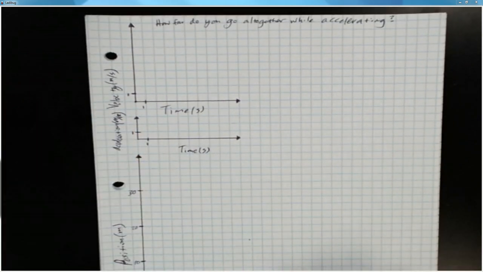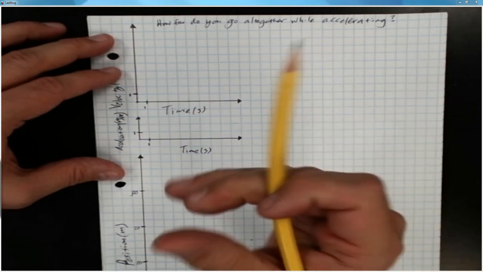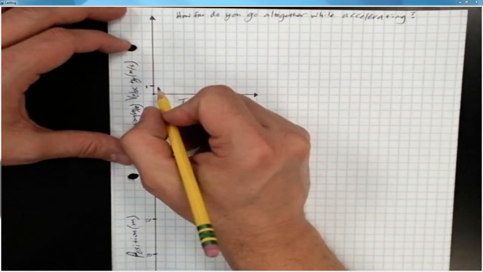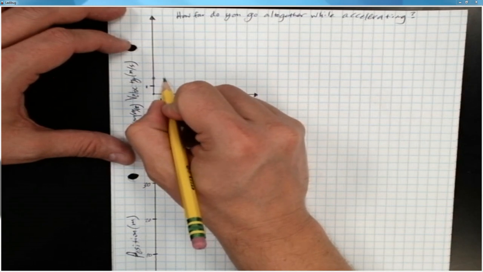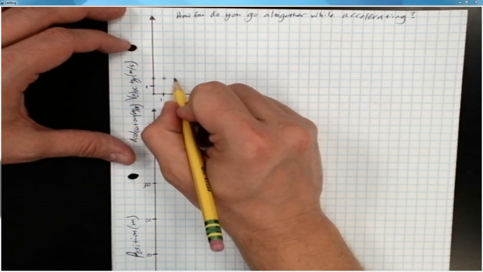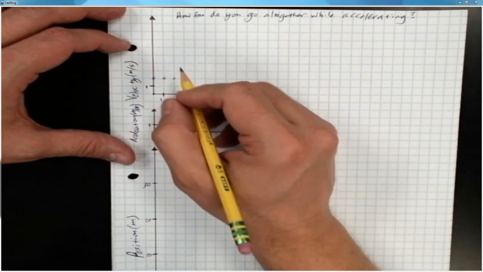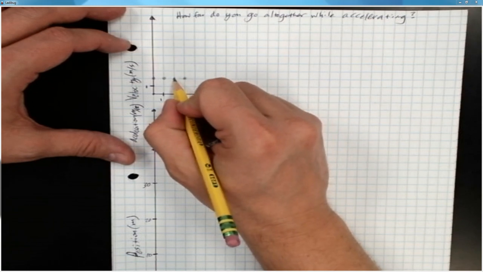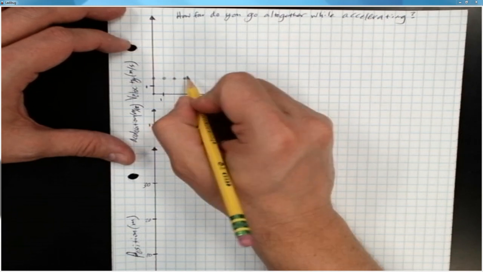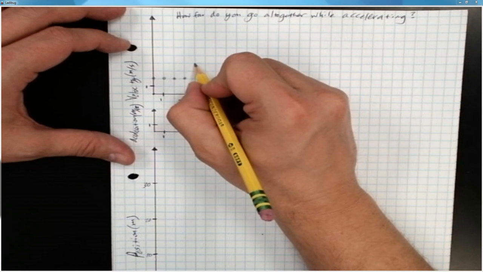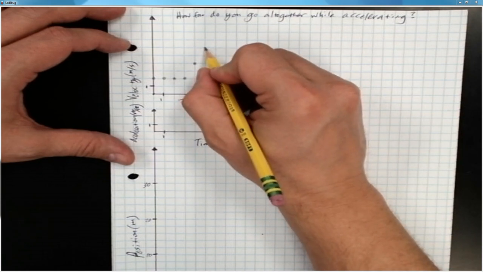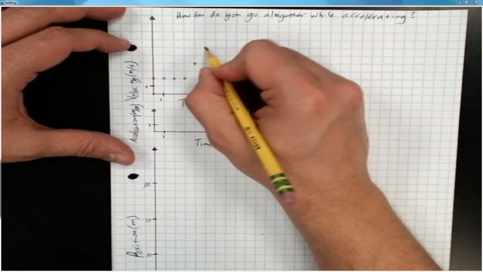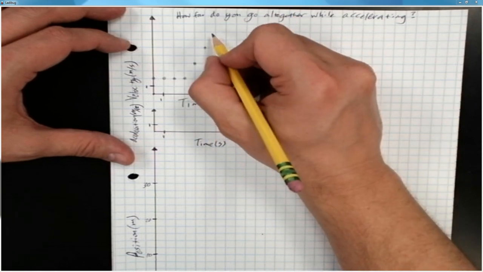All right, let's go ahead and get started. I'm going to show you a graph of some motion, just like I did in class. I'm just going to make some marks here. Let's say you're moving at 2 meters per second, and you do that for 1, 2, 3 seconds. And then you start accelerating at 2 meters per second squared. So for every second that goes by, you speed up by 2 more meters per second.